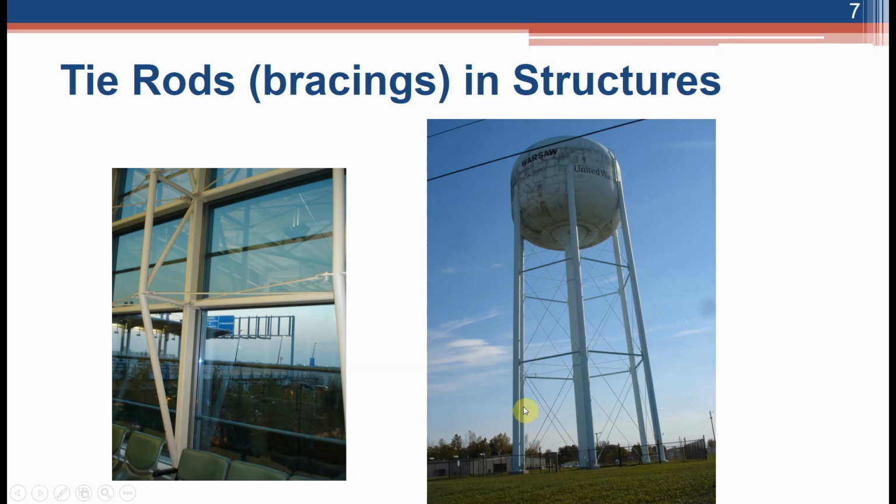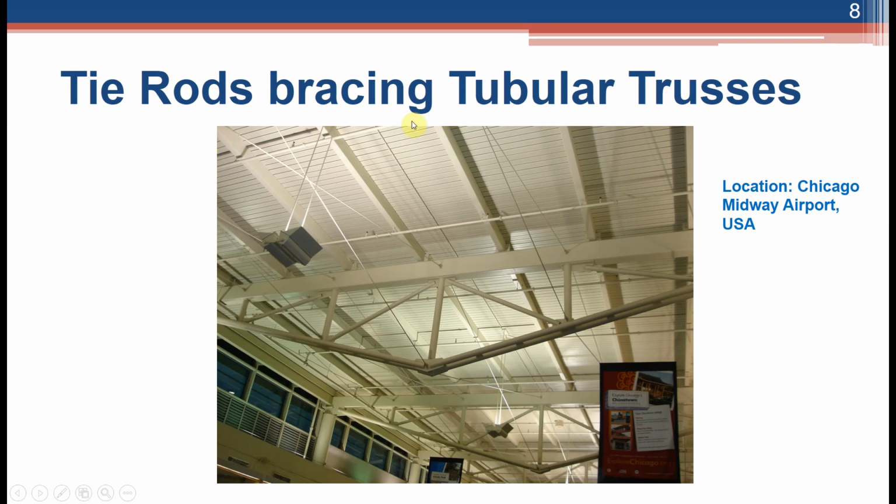These are cross bracings of tie rods. Similarly, tie rods bracing tubular trusses. Here these are tubular trusses, and each truss is connected from its bottom to the top of the adjacent truss, and the bottom of the adjacent truss is connected to the top of this truss. So all these tie rods are subjected to a tension force.